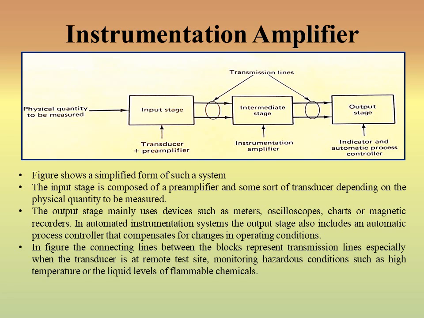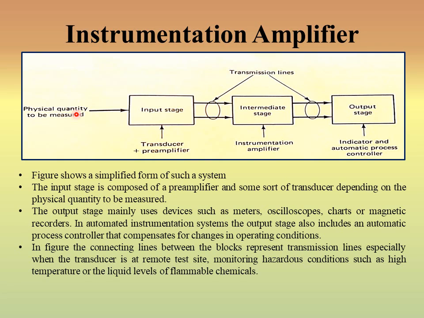Now we can also see in the figure the connecting lines between the input stage, intermediate stage and output stage. These lines are basically transmission lines that transfer the signal energy from one stage to another. Transmission lines are used when the transducer is placed at the measuring site, where the process is being done, and the physical quantity to be measured is in hazardous conditions.